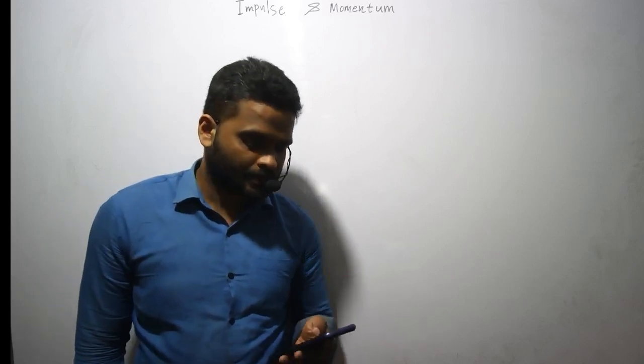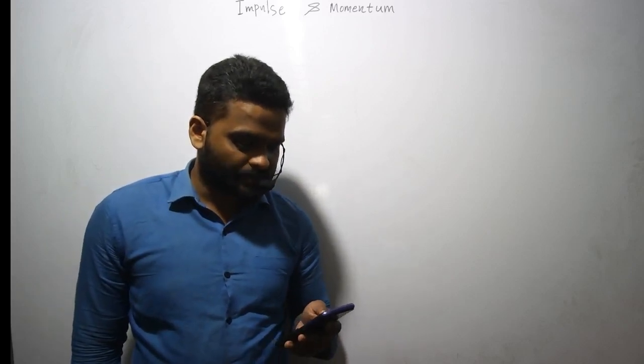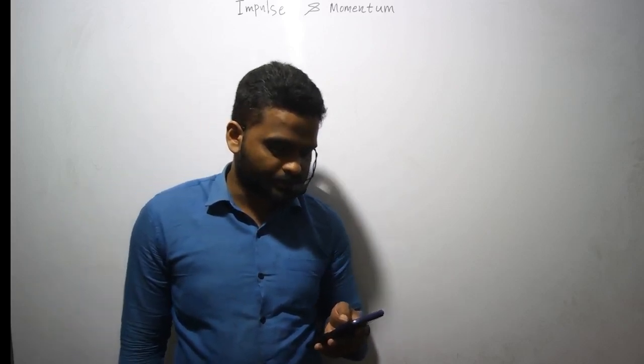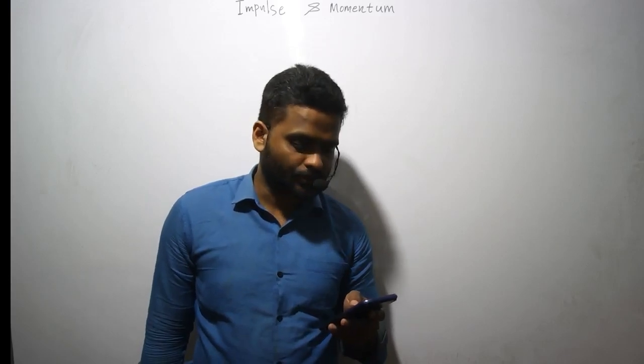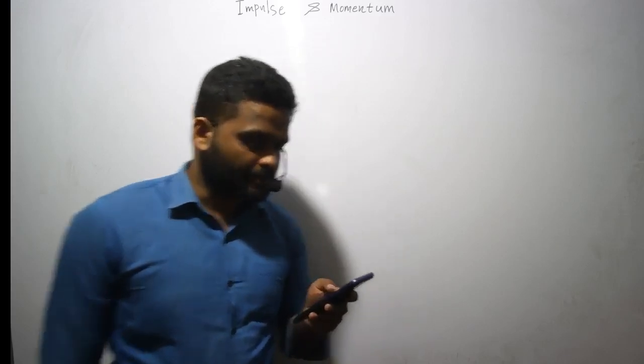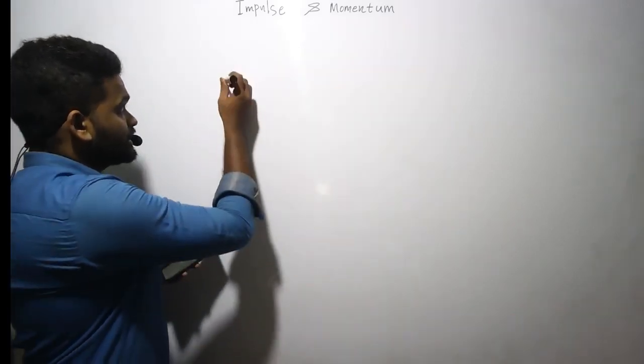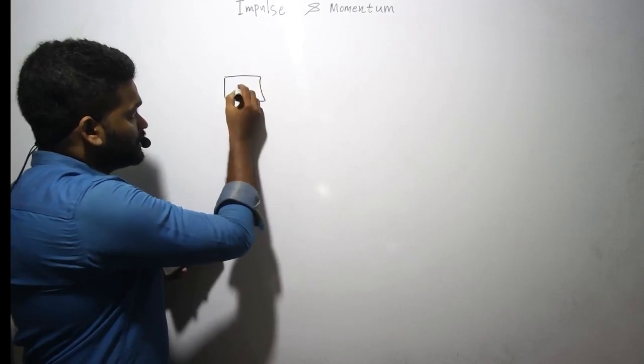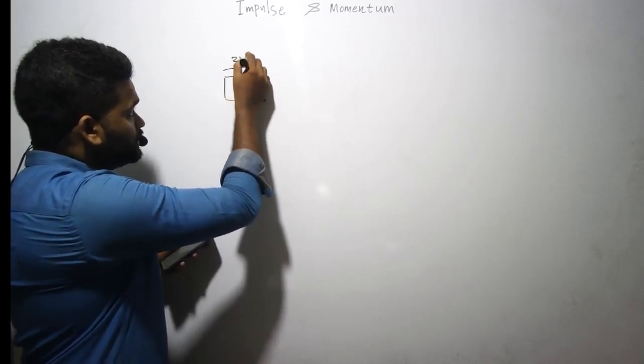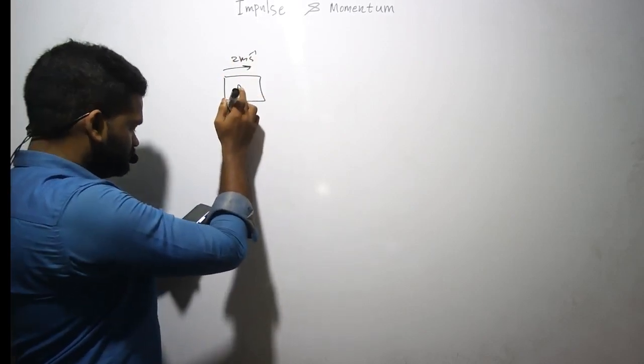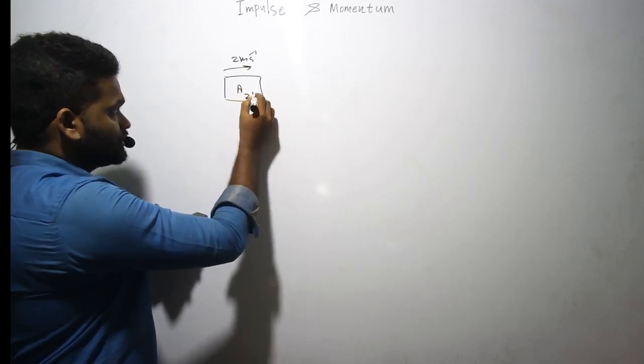Right. 15th. Two masses are placed on a smooth plane as shown in the image. A moves at 2 meters per second. The mass is 2 kilogram.